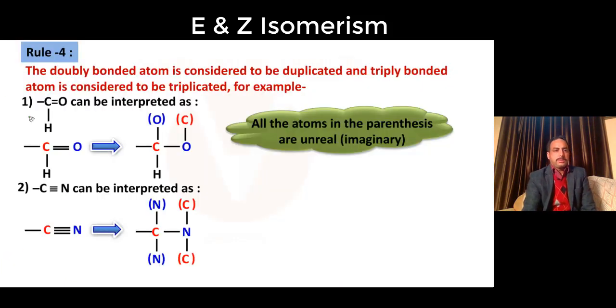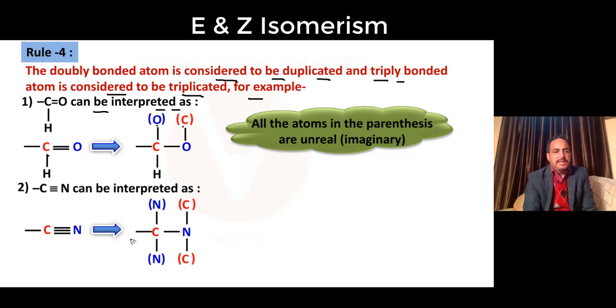Whereas the fourth rule of CIP: a double bonded atom is considered to be duplicated and a triply bonded atom is considered to be triplicated. For example, in this case, carbonyl, CHO can be interpreted like this, so here oxygen, here carbon.